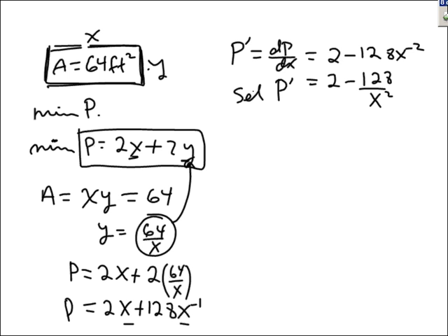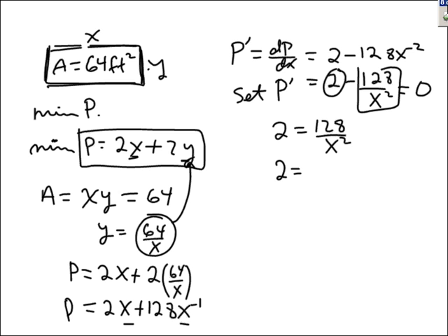And we want to set it equal to 0. If this minus that is 0, this and that are equal. 2 is equal to 128 over x squared. Now, I hope you know that 2 is equal to 128 over 64. That is, x squared is going to be 64.